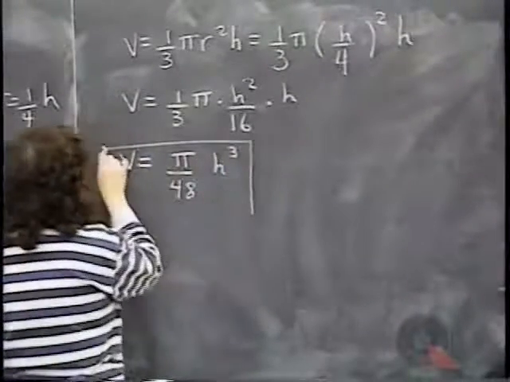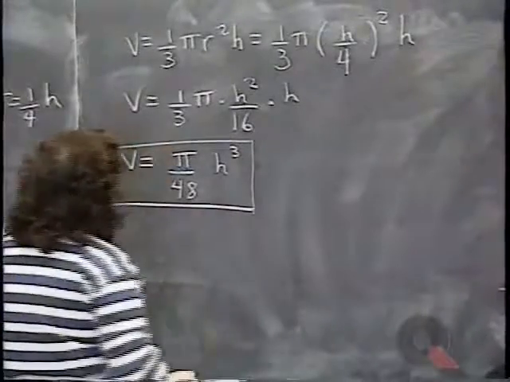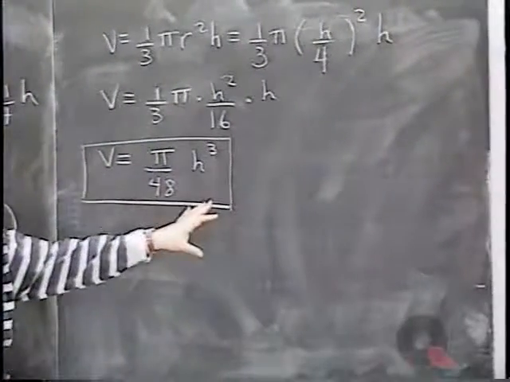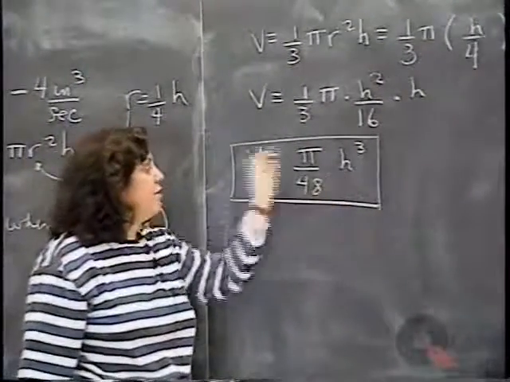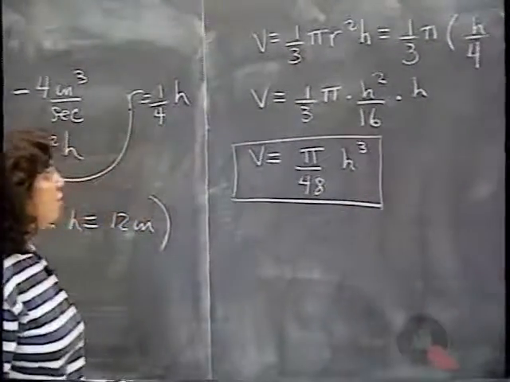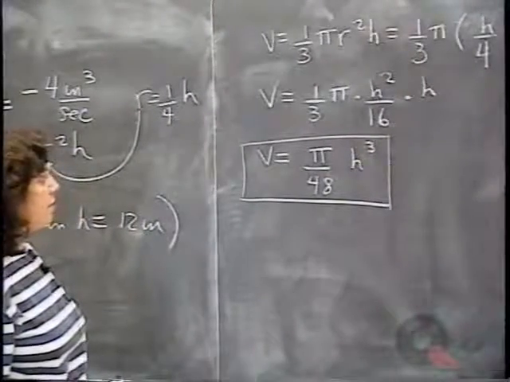So here we have just what we wanted, an equation linking V and H. And since we know dV dt and we want to find dH dt, if we differentiate both sides of this equation with respect to t, we'll be able to complete the problem.